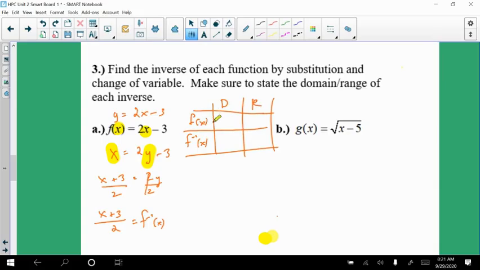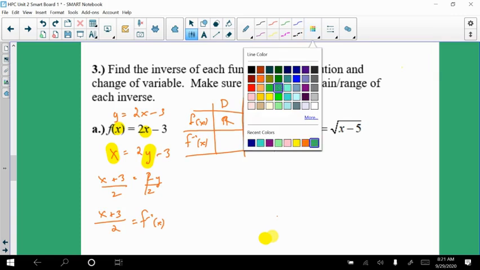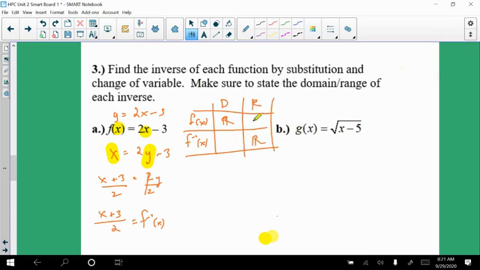The domain of the function is all reals, which means the range of the inverse is also all reals, because those x's and y's switch spots. That's the definition of an inverse. And then the domain of the inverse, which is here, is all reals because it's linear, which means the range of the original function was all reals.